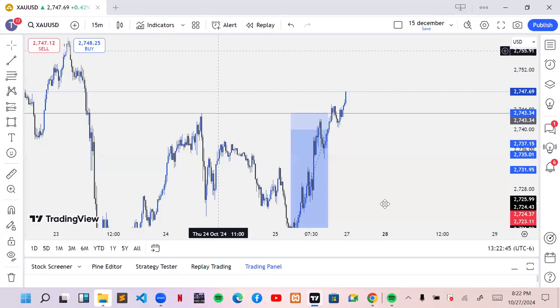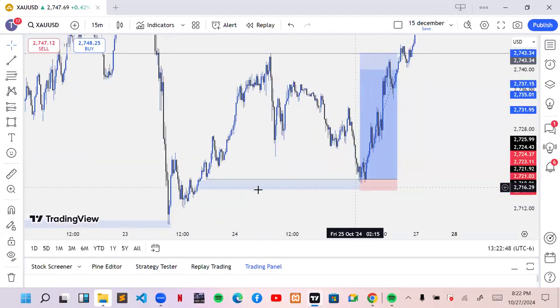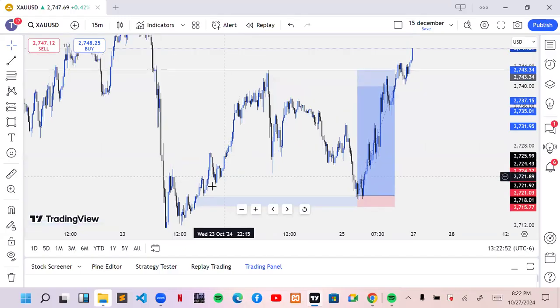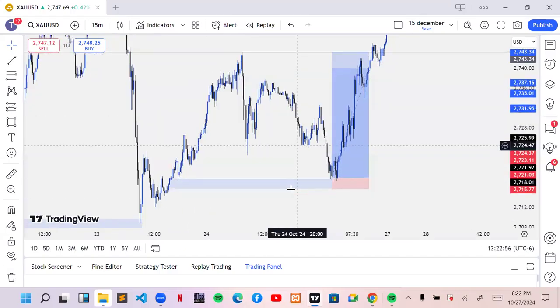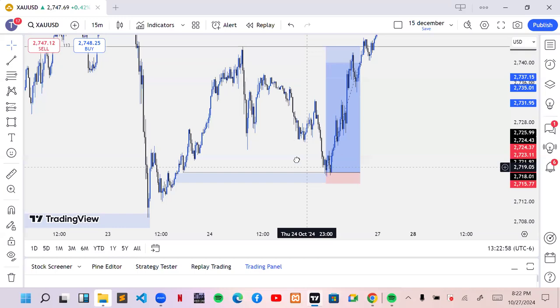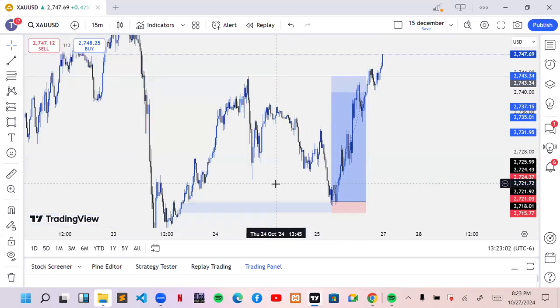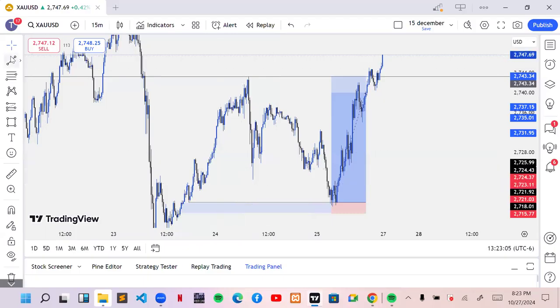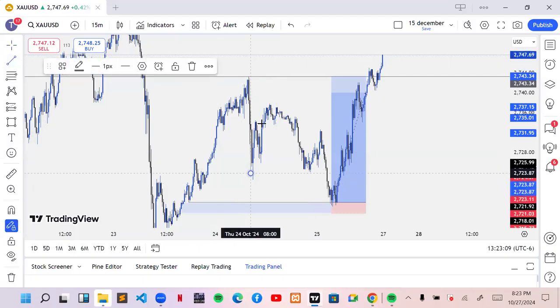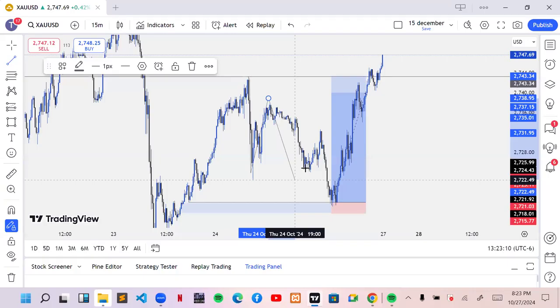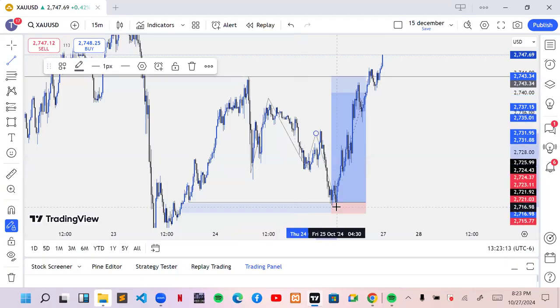Let's say, for example, this is a zone you're looking to take your buy from, like there was a break of structure and inducement. So this is your POI, and let's assume that price was here. Price has not gotten to this POI, and while approaching it, it was making a series of lower highs and lower lows.